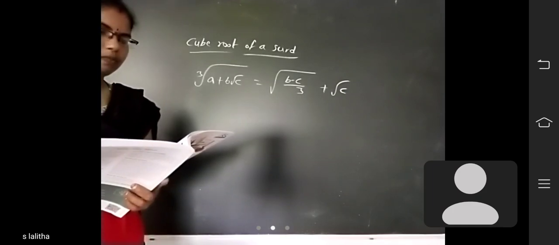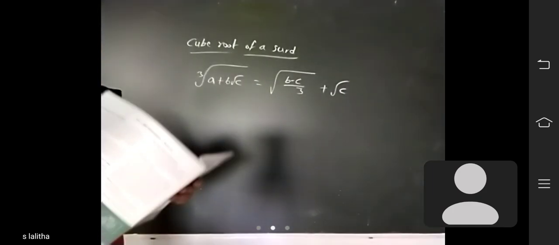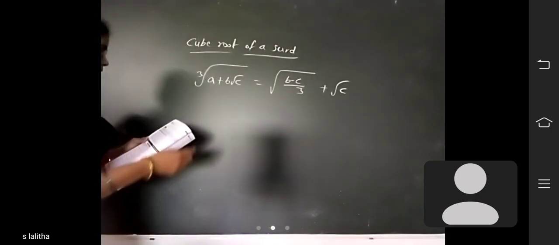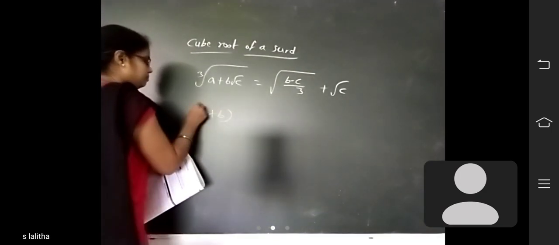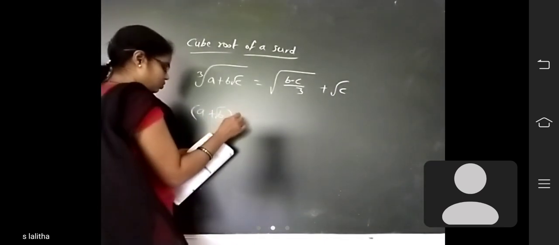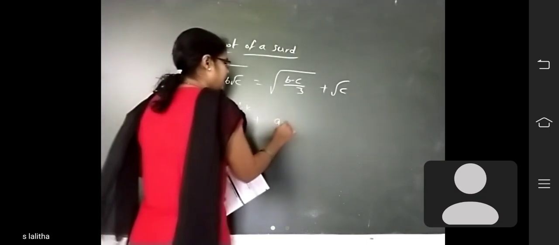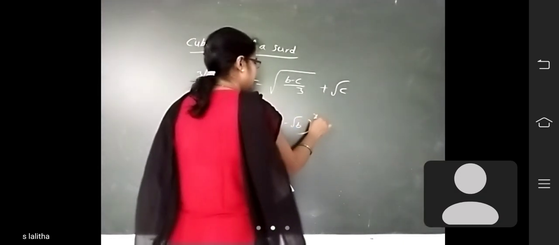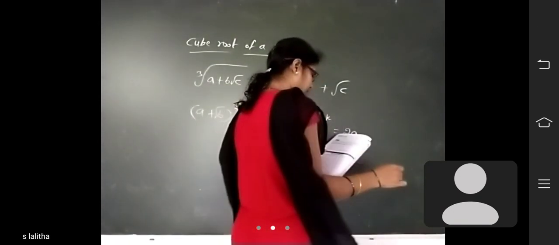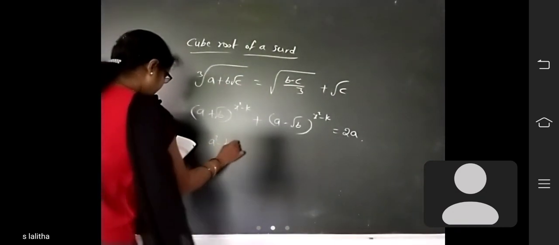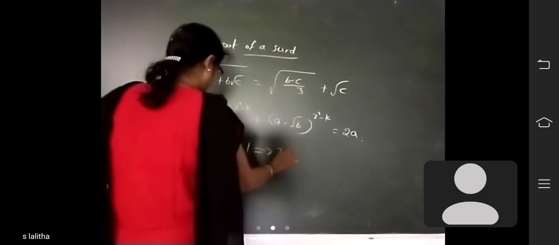If a square minus b is equal to 1, then x is equal to plus or minus square root of k plus or minus 1.